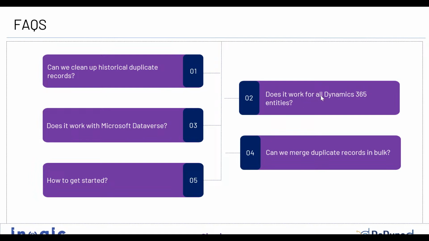Again, does it work for all the Dynamics 365 entities? Yes, it works with all the entities, be it custom or out of box. Does it work with my Microsoft Dataverse? Yes, it does work with Microsoft Dataverse and the CRM as well. And the deployment is for both online as well as on-premise.